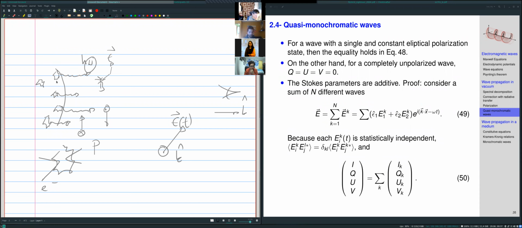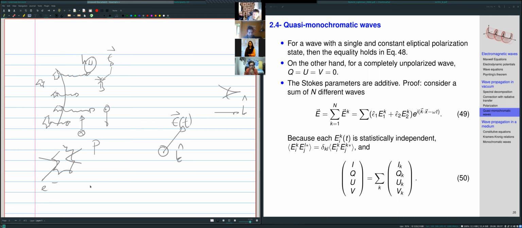Just to make things super clear, if we are looking at just one collision event like this, then we have a specific pulse. So this is going to radiate.